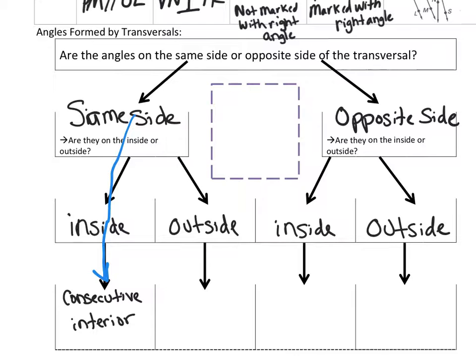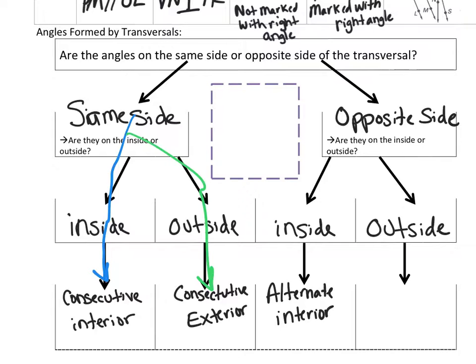Same side outside, they're going to be consecutive exterior. Now, if they're on the opposite side and inside, we call them alternate interior.